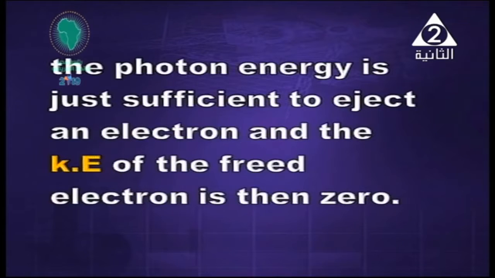The photon energy is just sufficient to eject an electron, but the kinetic energy of the freed electron is then 0. So electrons are ejected, but their kinetic energy is equal to 0. This happens when the energy of the incident photon is equal to the work function of the metal.